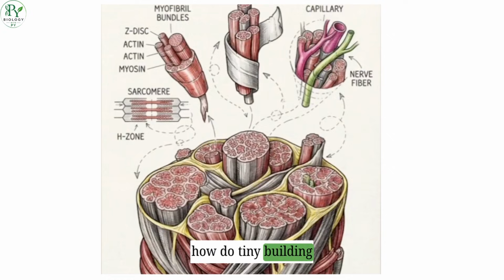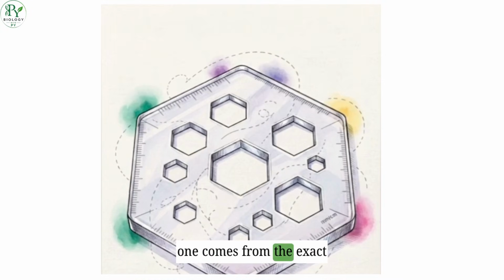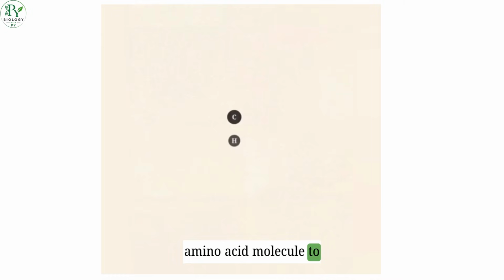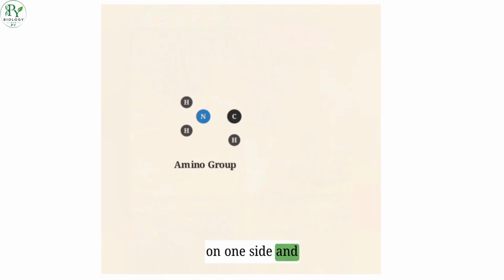How do tiny building blocks called amino acids build thousands of vastly different proteins? Especially when every single one comes from the exact same structural template. Let's isolate just one amino acid molecule to see how it works. Every single one has an amino group on one side and a carboxyl group on the other.